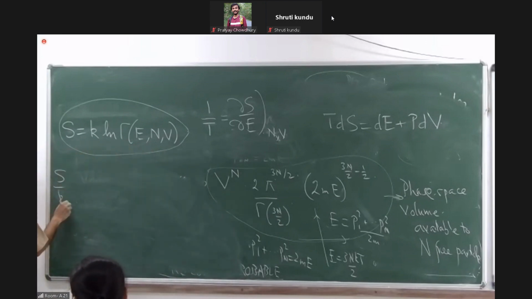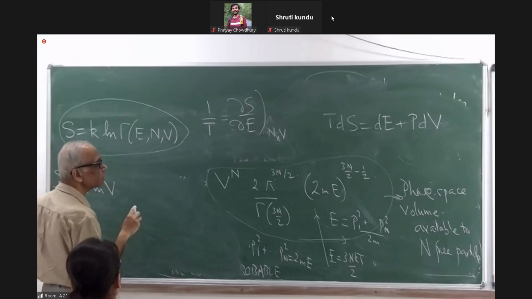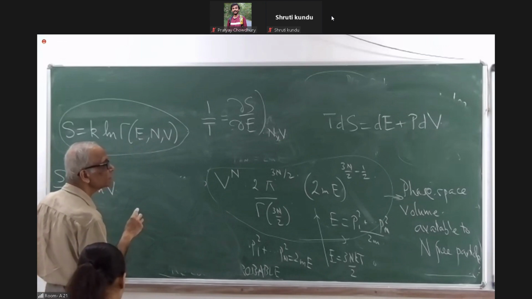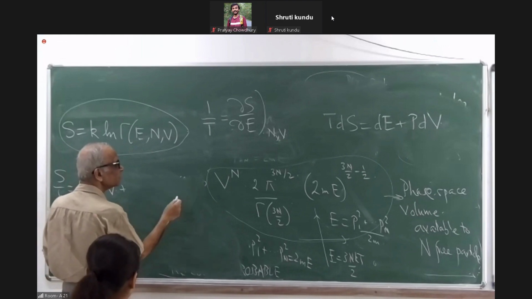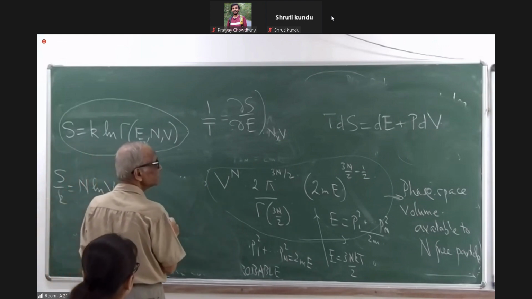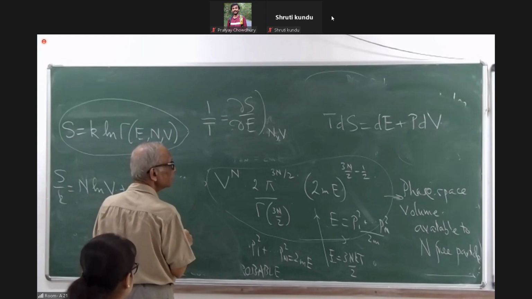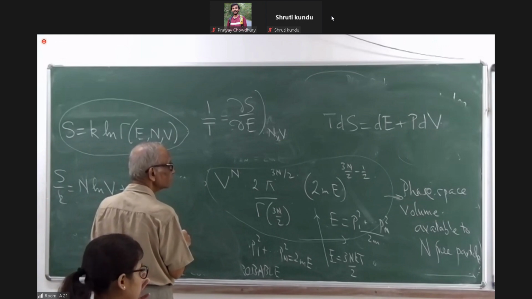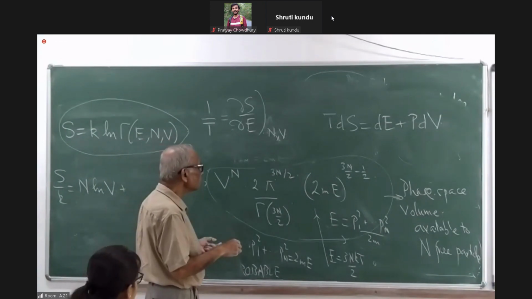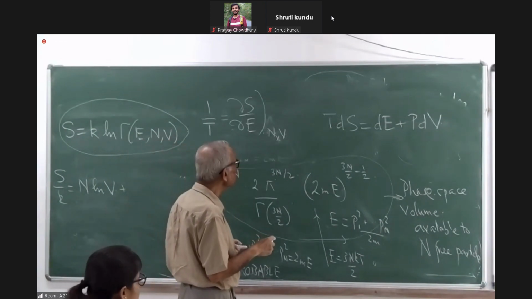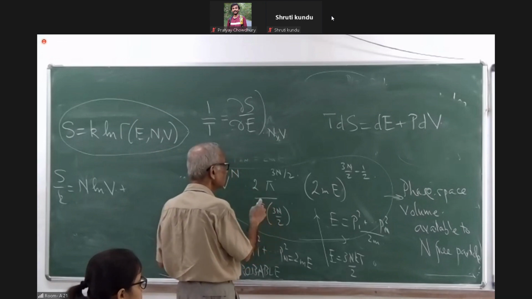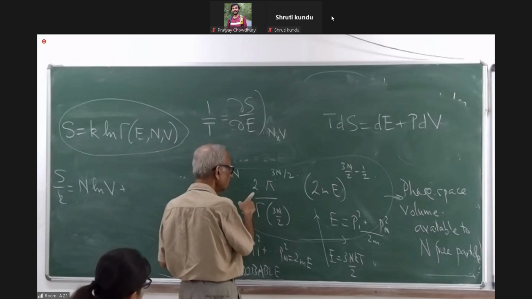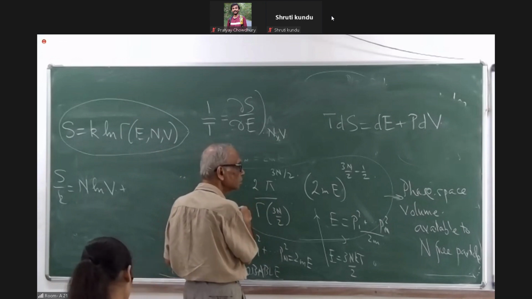S over k is n log V, because this part does require plus... What's this? What is the surface area, 2 pi to the 3n by 2 over gamma?